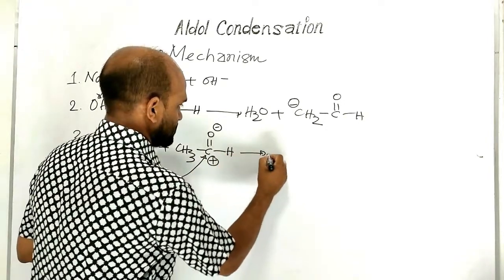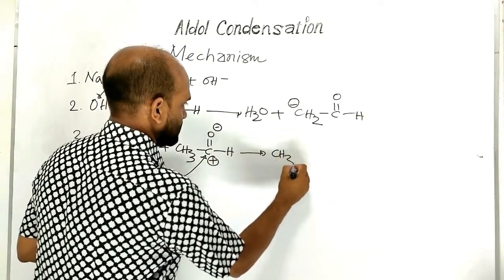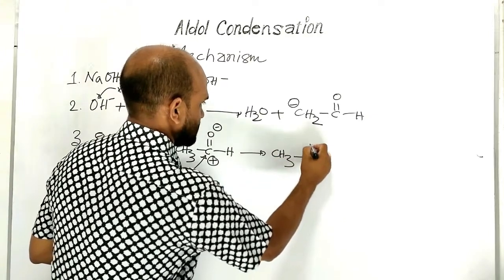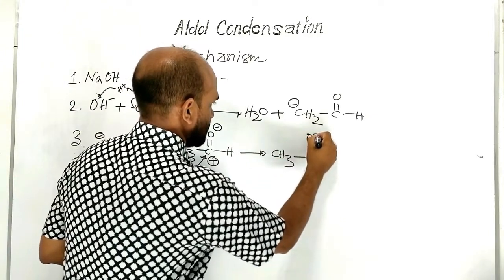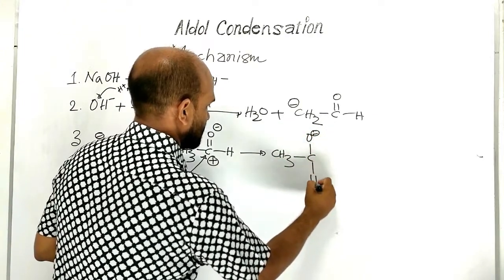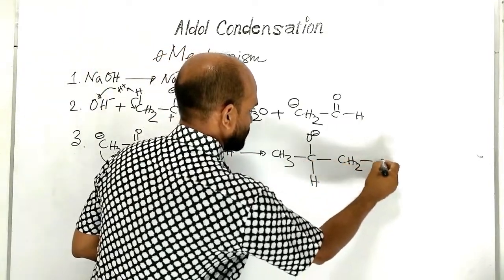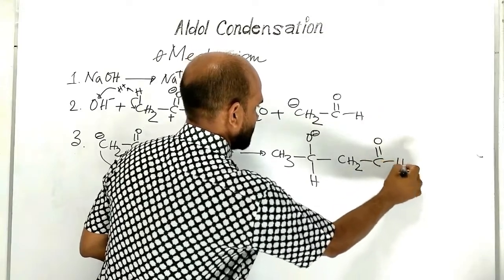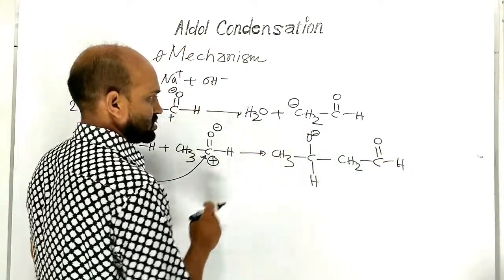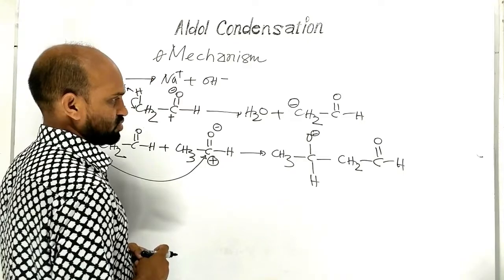Now the product is CH3, C, here minus charge, then here hydrogen, this hydrogen, then CH2, COH. This species is formed.